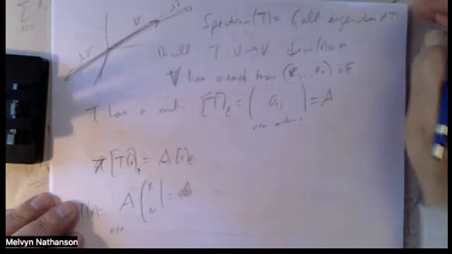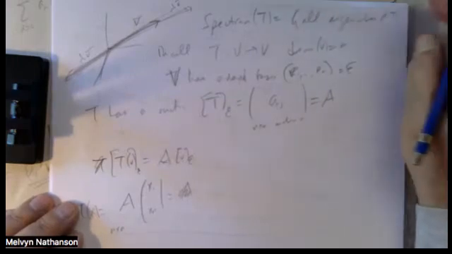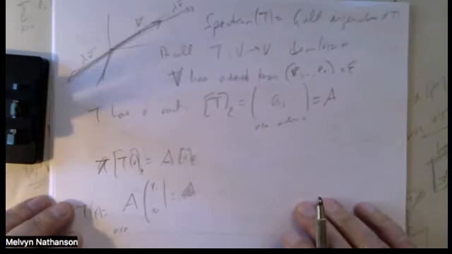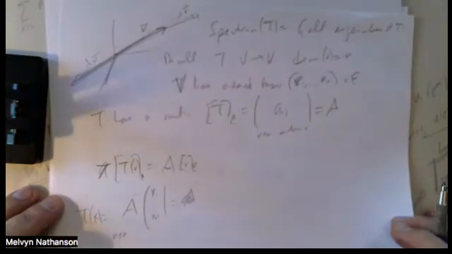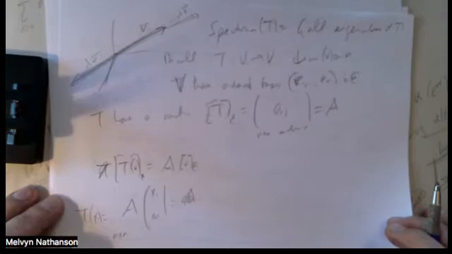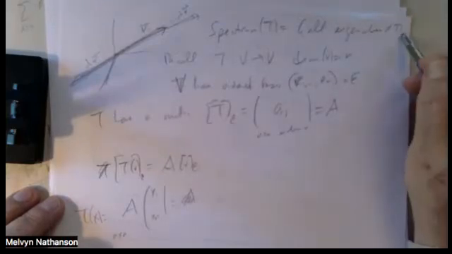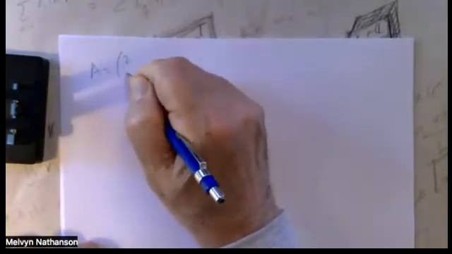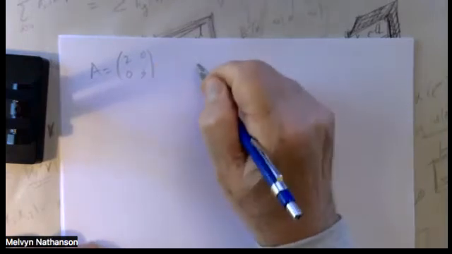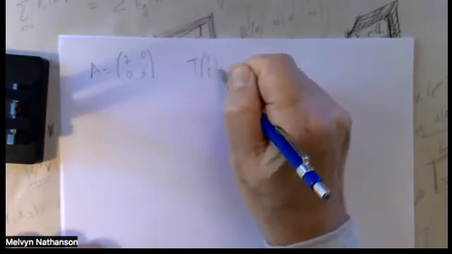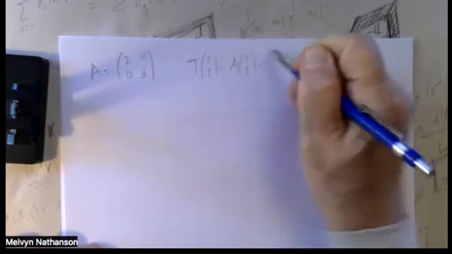So if I want to make things easy, I can just start with a matrix, a square matrix, and look at the corresponding linear operator. So for example, suppose A is the matrix 2, 0, 0, 3. So we have the linear operator T of (x, y) is A applied to (x, y).